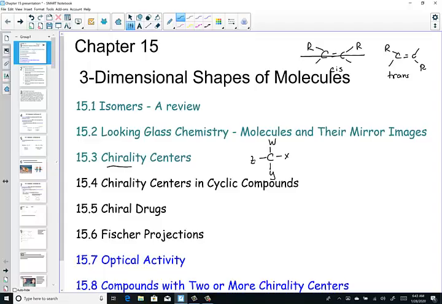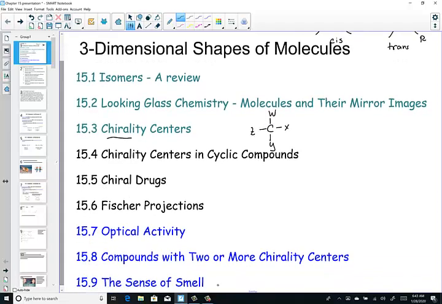We'll look at some applications of these chiral centers in biomolecules as well, specifically an opportunity to look at pharmaceutical applications and sense of smell applications, and we'll talk about Fisher projections and optical activity.